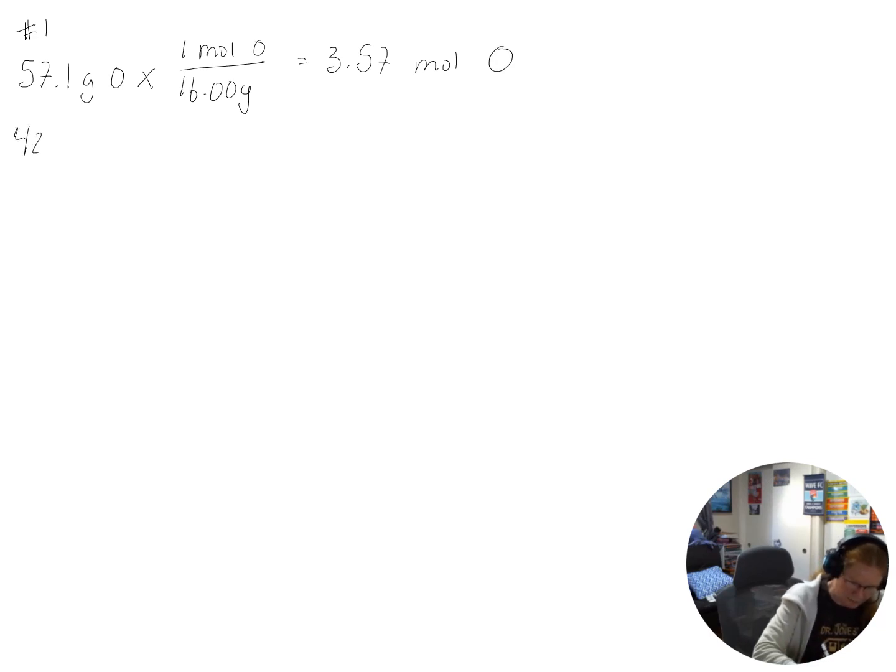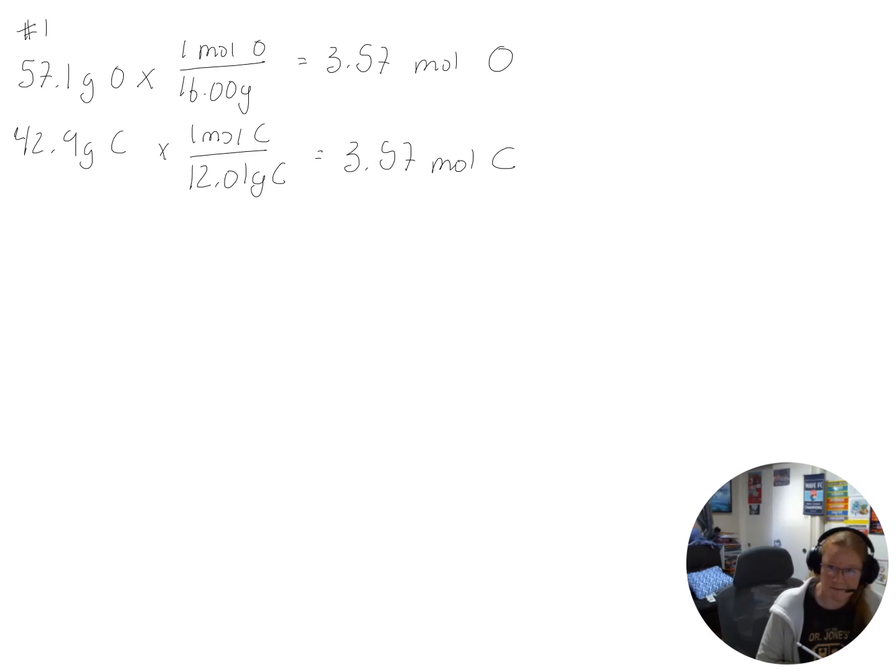For carbon, I had 42.9 grams of carbon. 1 mole of carbon for every 12.01 grams of carbon gives me 3.57 moles of carbon. Okay, this should look familiar, hopefully, to empirical formulas. So I have carbon 3.57, oxygen 3.57.